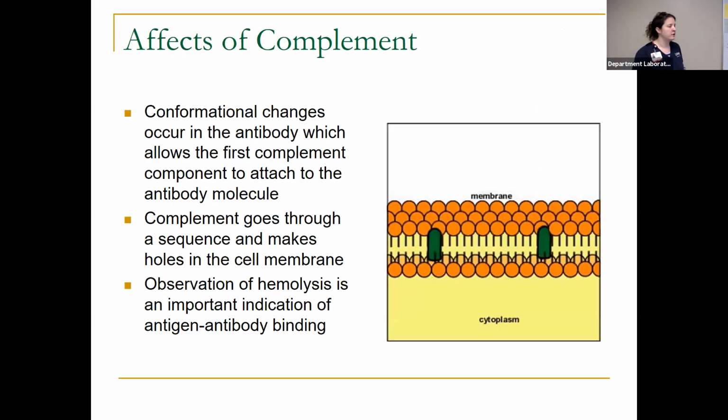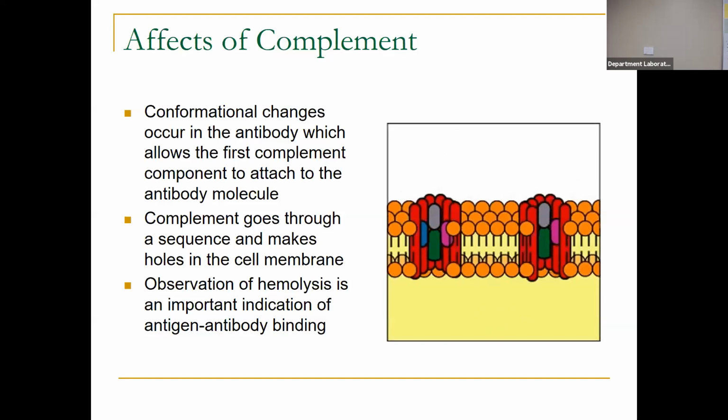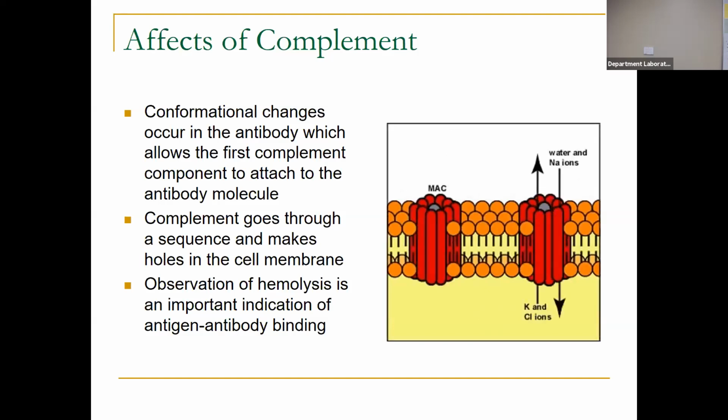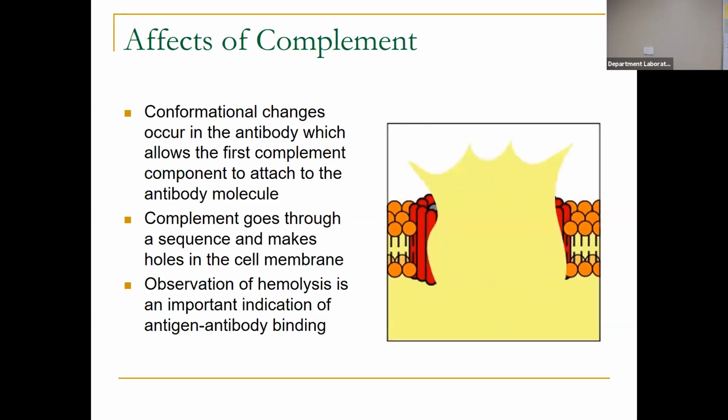All right, we talked a little bit about complement in a previous lecture, and we have a whole lecture later on in the course dedicated to complement. But once the complement cascade is activated, in some cells the whole cascade will not follow through. And you might have what we call C3b, C3d attaches to the cell membrane.